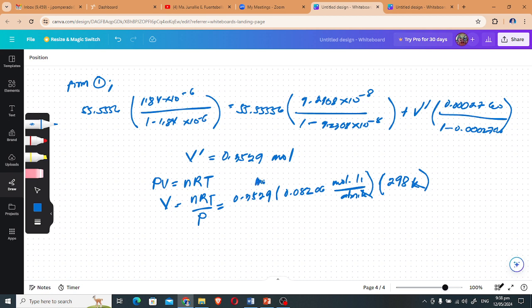This is actually mole, so liter atm per mole Kelvin. Okay, so we canceled already the Kelvin, so the remaining unit to be canceled is the mole.